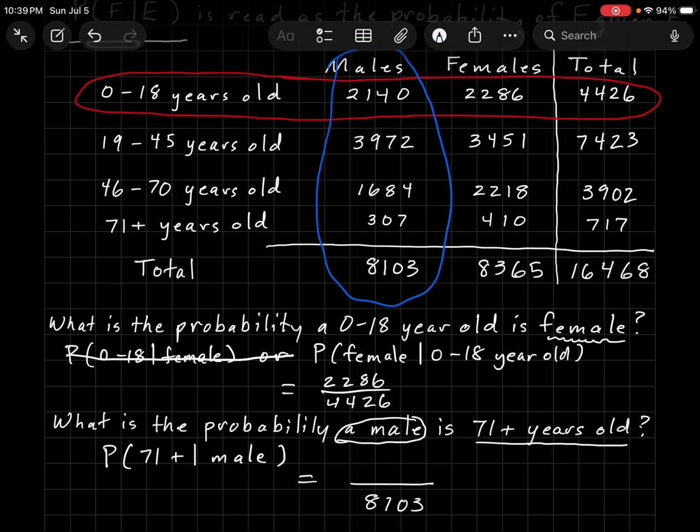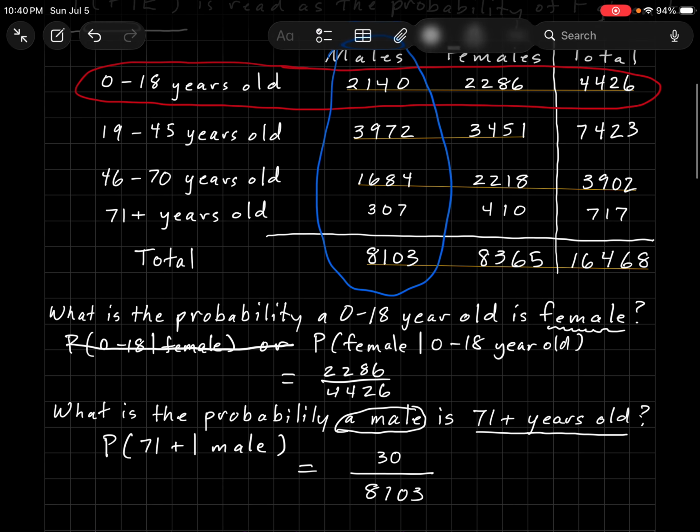How many of them are 71 plus years old? It's 307. So the problem is not really difficult. I mean, it's really simple math if you can set it up correctly and know what they're asking for. So if you get a chart problem, this is the way that I would handle it.